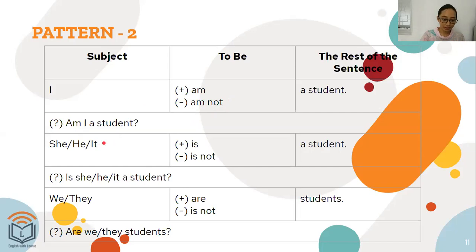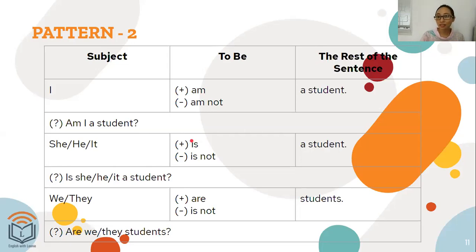And the next is, if the subjects are she, he, or it, the to be is is. She is a student. He is a student. It is a student. And to make it negative, you add not. She is not a student.